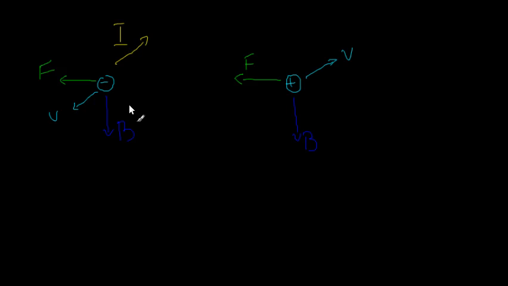So what I wanted to explain just now was that if you have a charge going in this direction and you want to find the direction of the force, what you can still do is this. We can just use Fleming's left-hand law, but we take the current direction to be the direction that is opposite to the velocity of the negative charge. So that's the only additional step that we need to make.